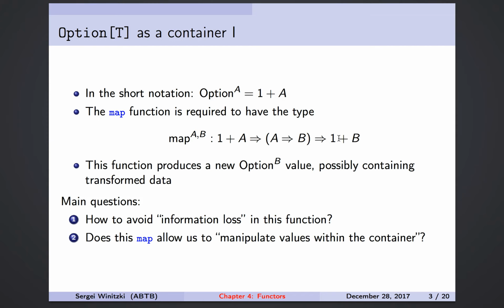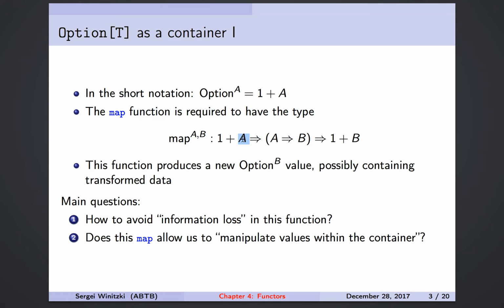But option could be empty. That's the nature of what the option is. It has two versions, or two parts of the disjunction. One is the empty, and one is the non-empty, where you have a value of type A. So maybe this function will return the empty and lose all this information that was there in the initial value of the option. So how do we avoid that?